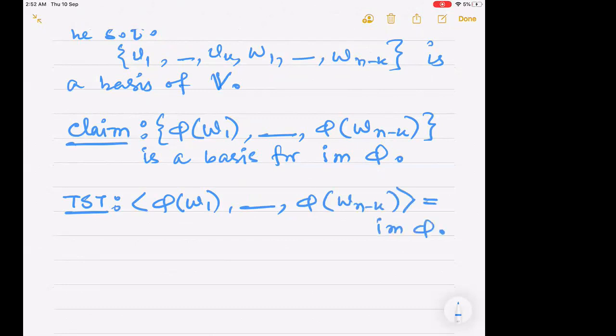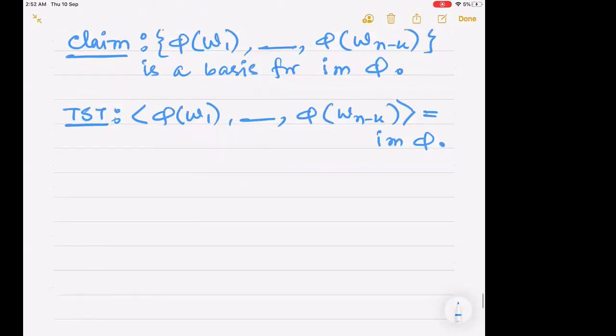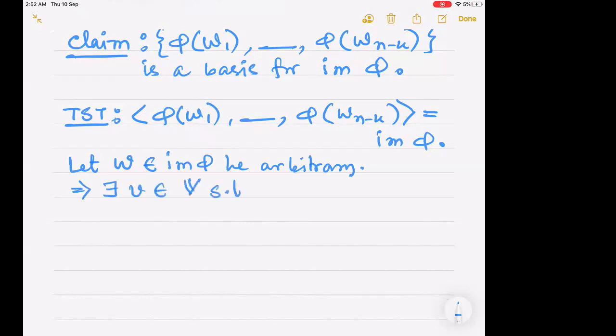Okay, let's see why this should be true. So let w in the image of phi be arbitrary. So I take an arbitrary vector in the image of phi. Because it's in the image of phi, there exists a v in V such that phi v is equal to w.